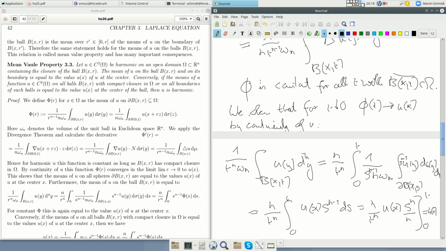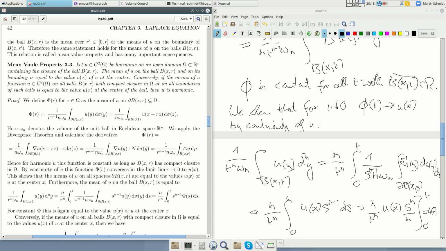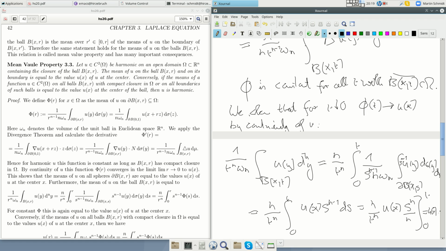This indeed shows that the means over the balls for a harmonic function are equal to the value at the center.